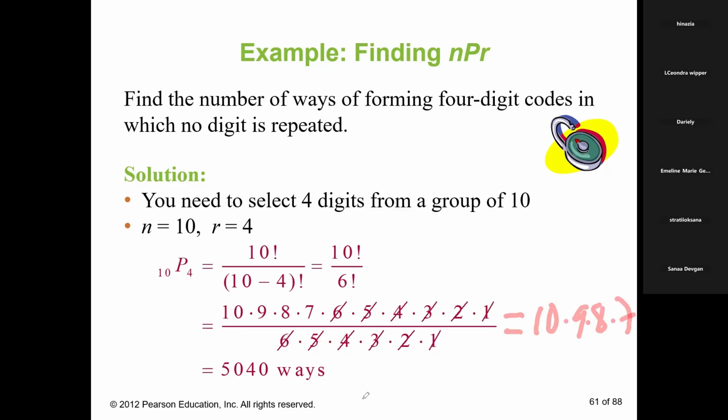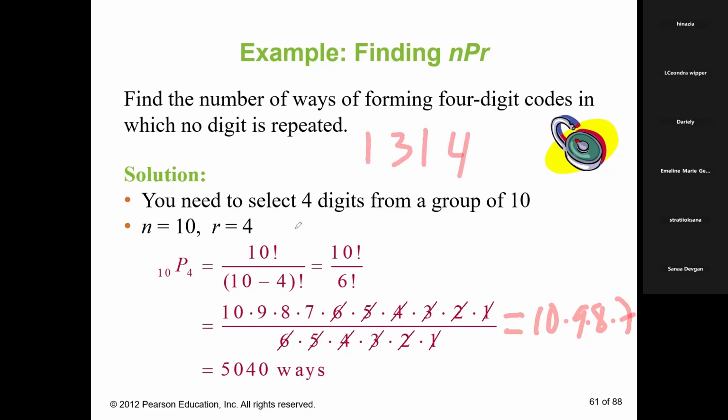So there are 5,040 ways you can form a 4-digit code with no digit repeated. So that means if you have something like 1, 3, 1, 4, that's not good.